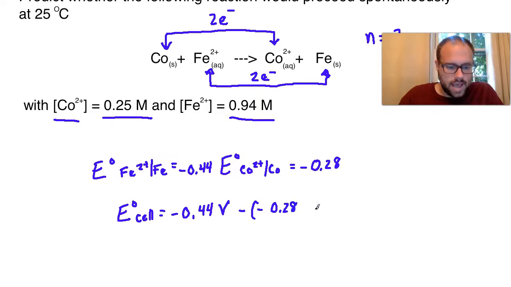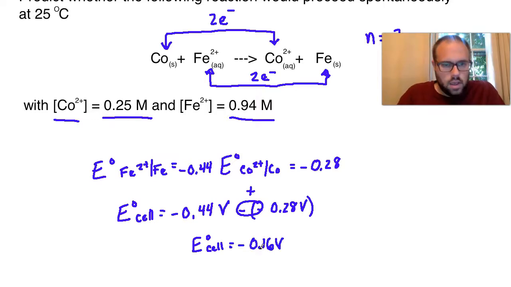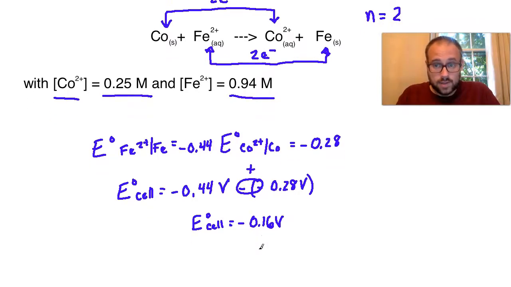So we'll actually add that by combining those. And what I end up with is a standardized cell value at negative 0.16 volts. All right, so now that is just one part of the non-standardized Ecell.